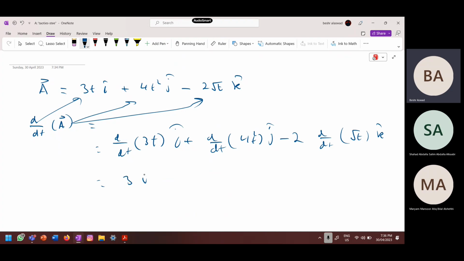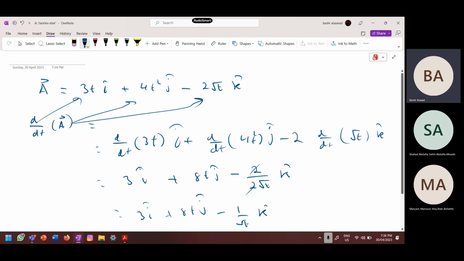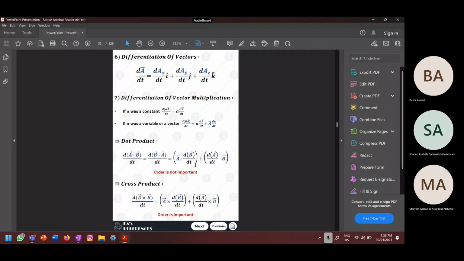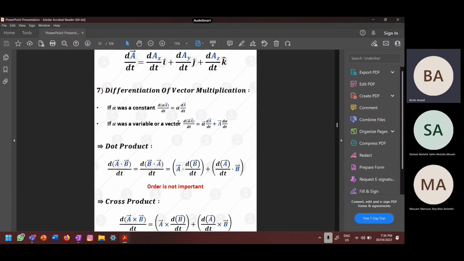This is equal to 3 i hat plus 8t j hat minus 2 times the derivative of the square root of t, which is 1 over 2 square root of t, k hat. This can be simplified to minus 1 over square root of t k hat. Okay, that's the derivative of a vector. Now these are just other properties to have in a vector.